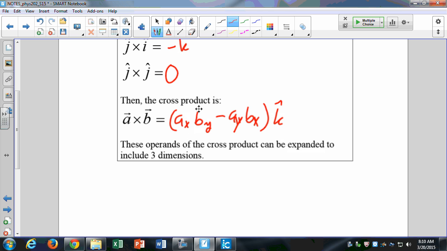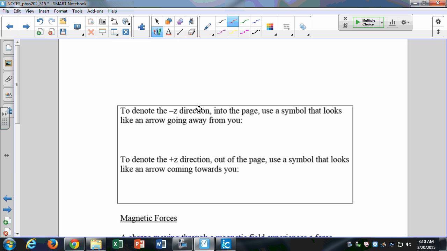We can have cross products in all three dimensions, and we'll see some of those later. But in this case, we just have one dimension. We are going to use these symbols too.